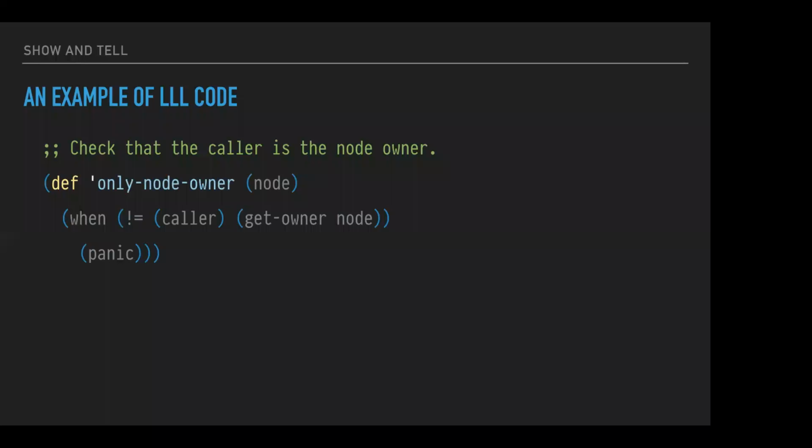And in this case, we're defining a macro called only node owner. This will be used as a modifier to ensure that, perhaps obviously, only the node owner can execute a block of code. So when only node owner is used in the source, the macro will be looked up and its definition will be compiled into the bytecode.